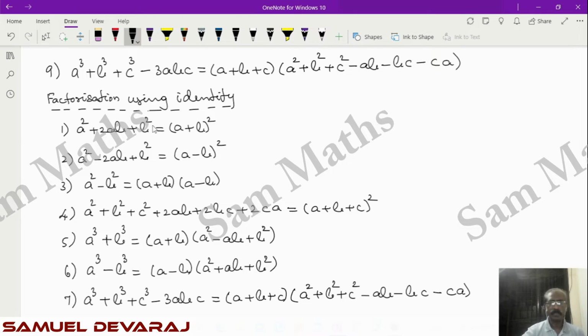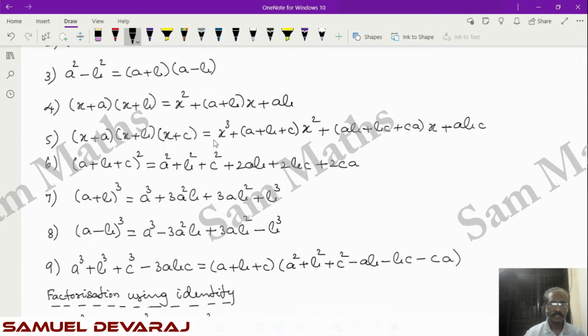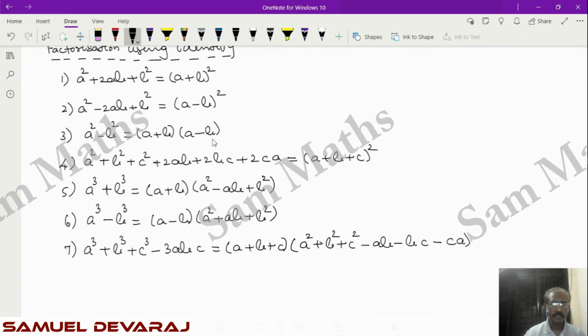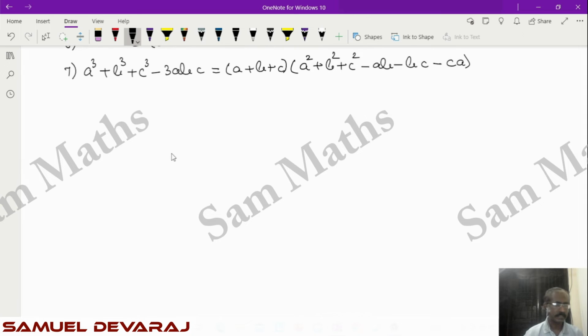These are the formulas you have to revise for factorization. The same things I have written in most of the places. Even the fourth and fifth identities you can take in that order for factorization. Okay children, just revise all these things. Now we can discuss one or two problems on how to do factorization.